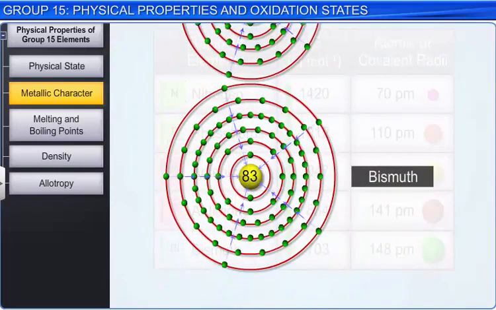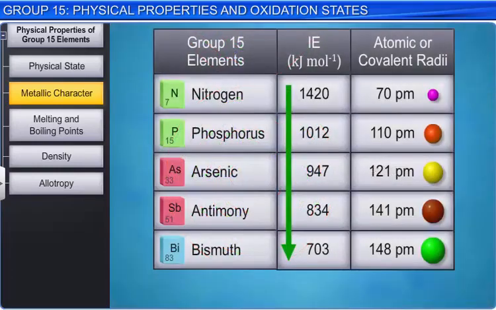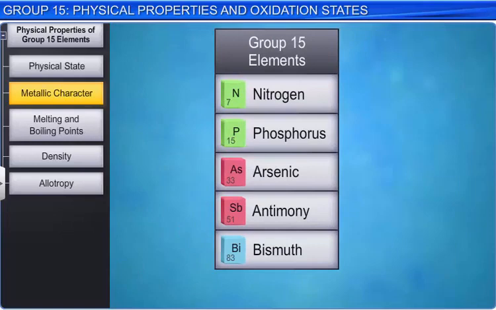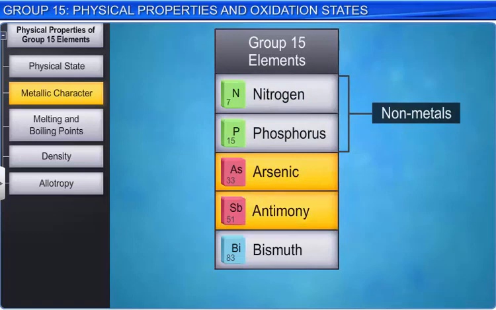As a consequence, the metallic character increases down the group. The first two elements of this group, nitrogen and phosphorus, are non-metals, and the next two, arsenic and antimony, are metalloids, while bismuth is a typical metal.